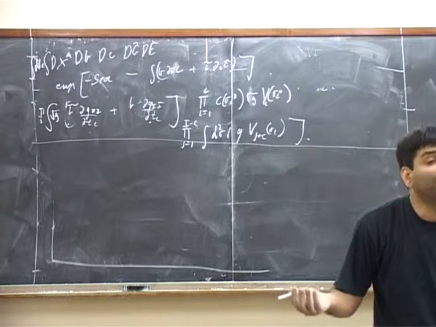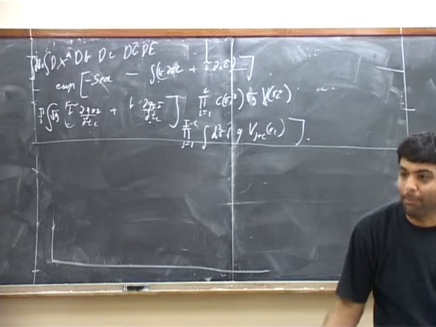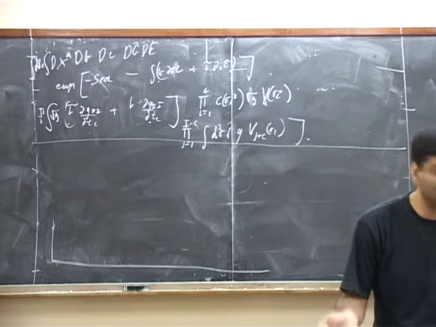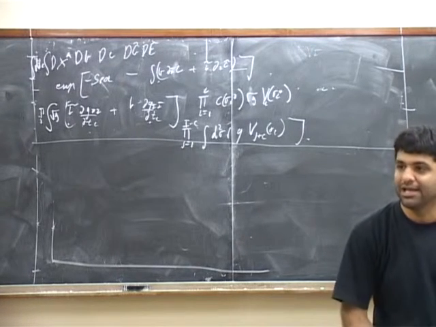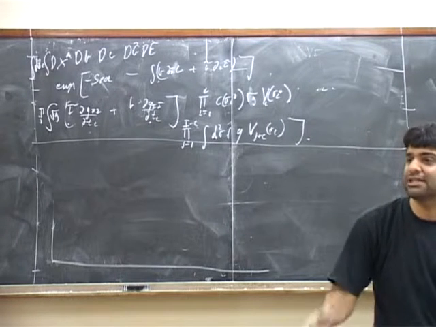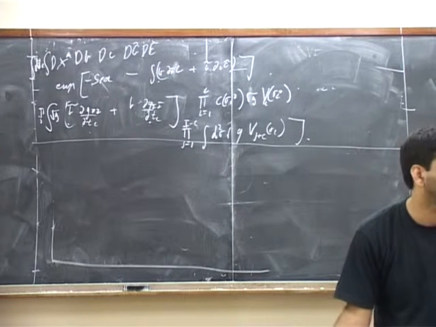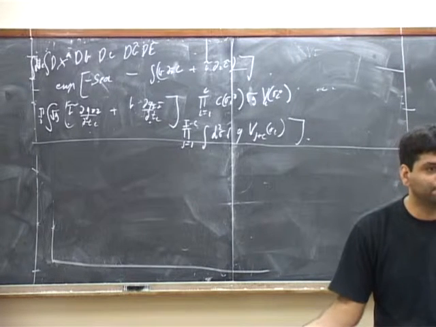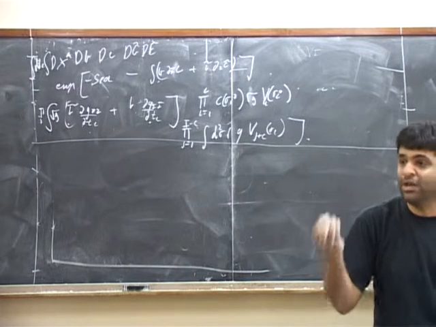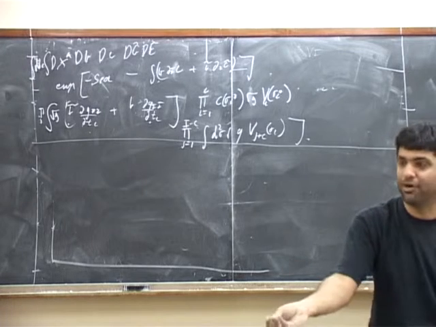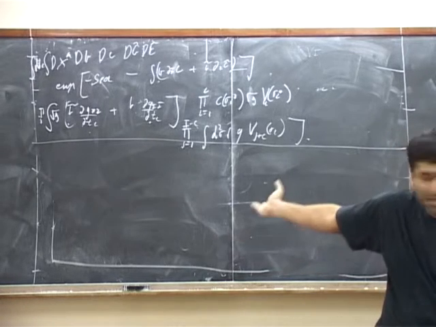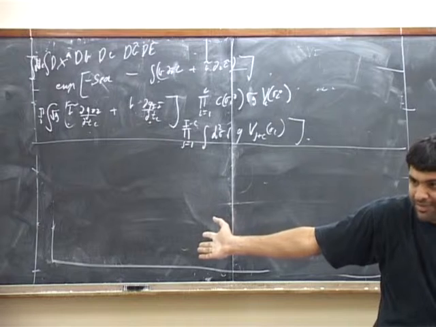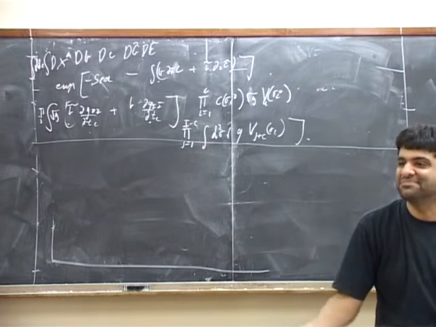But we have a formula for the trace of the stress tensor in any conformal field theory. It's minus c by 12 times the curvature of the world sheet. The curvature of the world sheet is in general non-zero. So the only way this thing can be zero is if c vanishes.